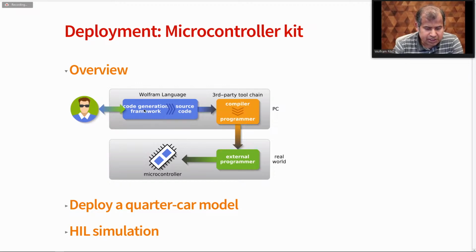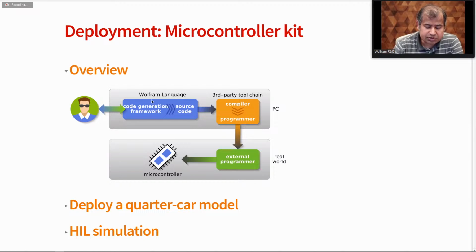Once we have the controller, we specify the configuration of what microcontroller we're using, and we'll be able to deploy it with that top level command. This is very useful because control design is always an iterative process. We design the controller, we test it, and then we need to tweak it.